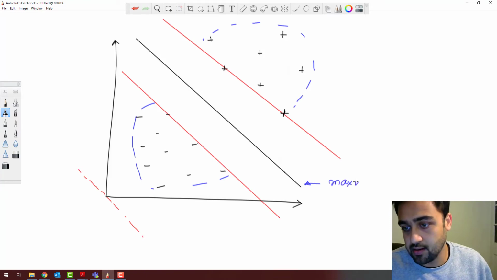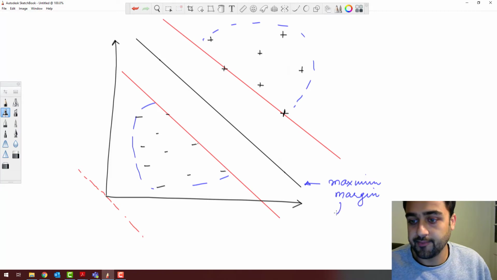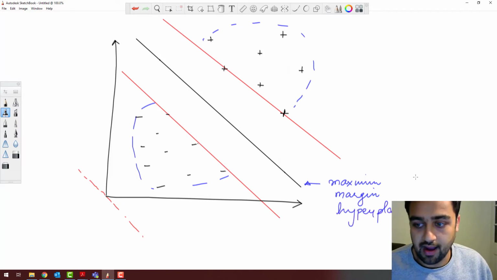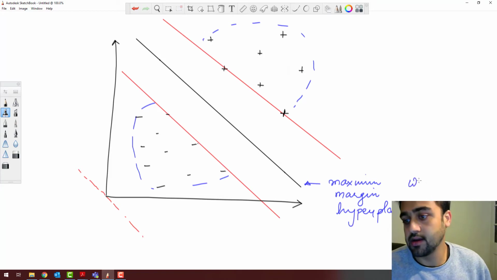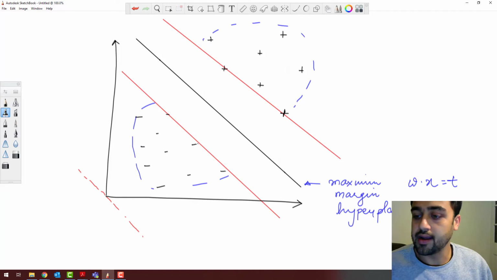This is also called the maximum margin hyperplane, and it is defined by the equation w dot x equals t.